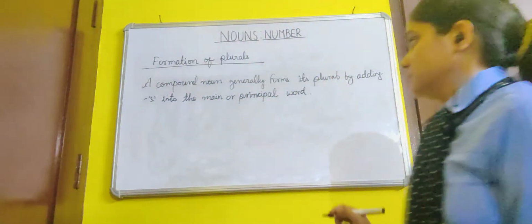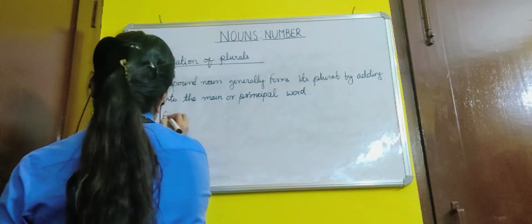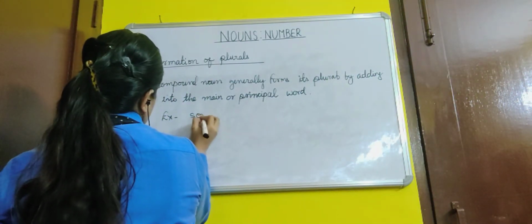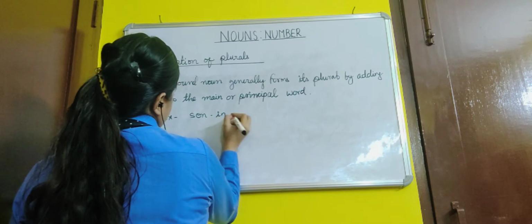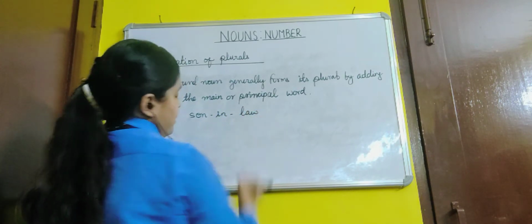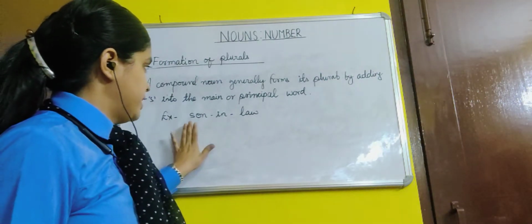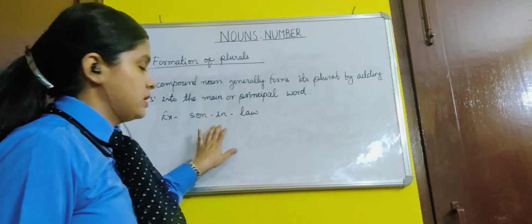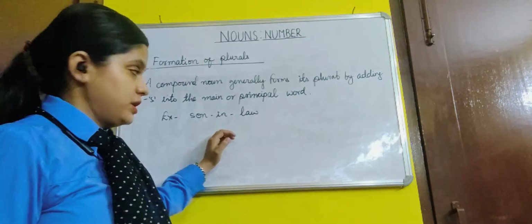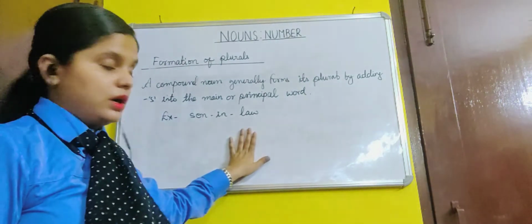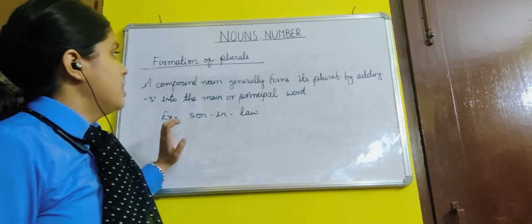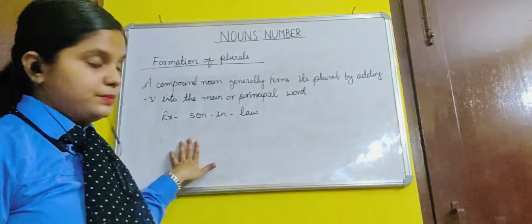Okay. Just take an example. There is a word son-in-law. So it is a compound noun because it is made of two nouns by adding preposition into it. So how we will form the plural of it?